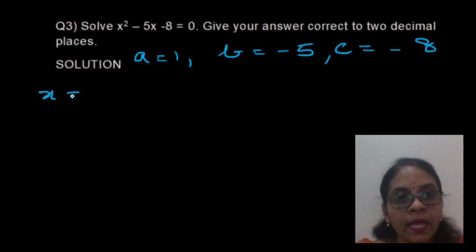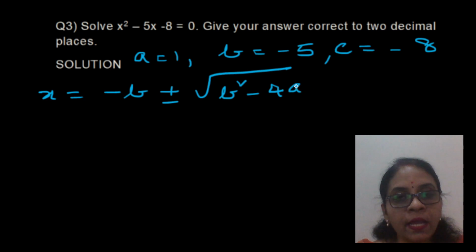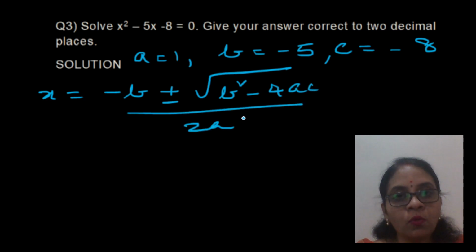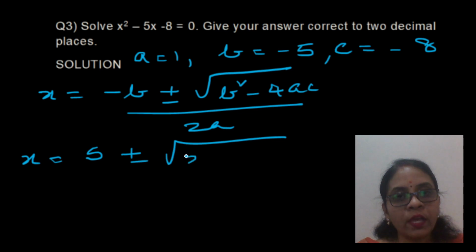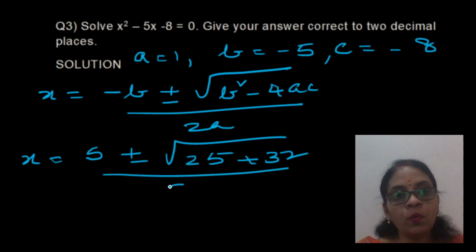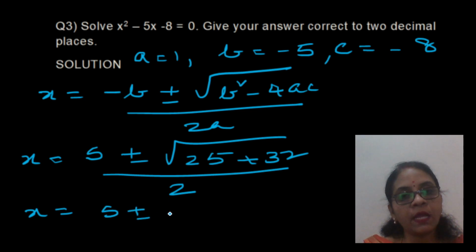What's the formula? x is equal to minus b plus or minus root over b square minus 4ac by 2a. So x is equal to minus b, minus of minus 5 becomes 5, plus or minus root over b square, which is 25, minus 4ac, minus 4 into 1 into minus 8 becomes plus 32, by 2a, which is 2. So x is equal to 5 plus or minus root 57 by 2.